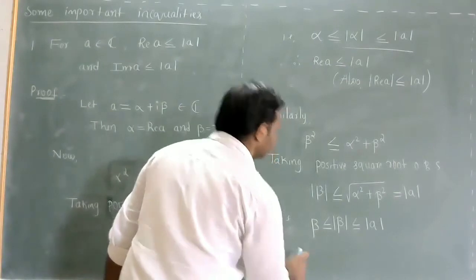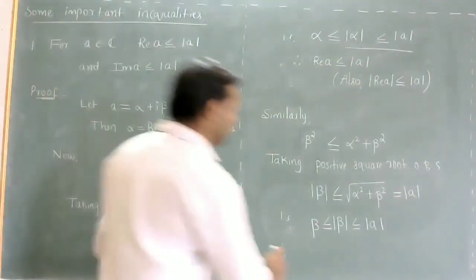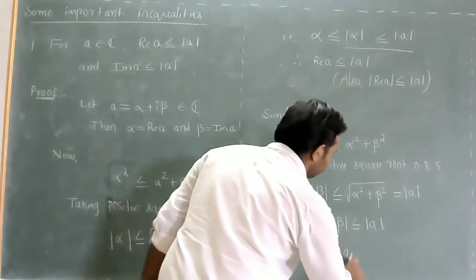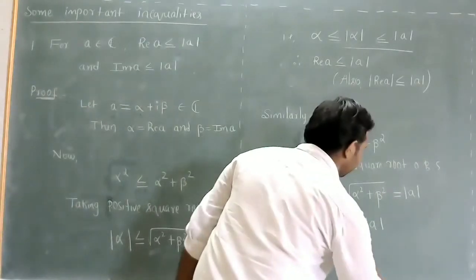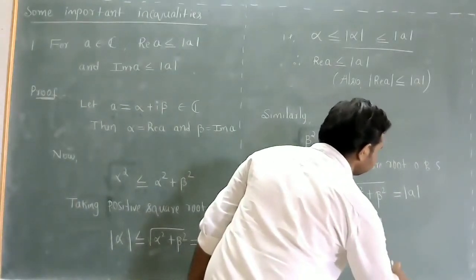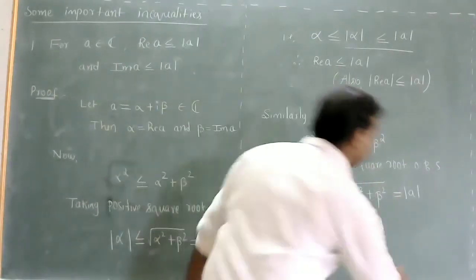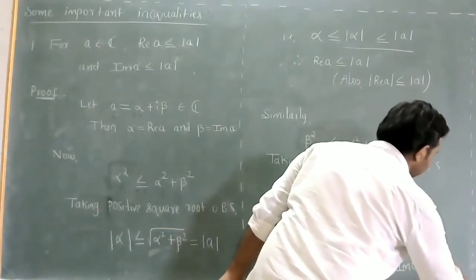So therefore beta is nothing but imaginary part of A. So imaginary part of A is less than or equal to modulus of A. And moreover, absolute value of imaginary part of A is less than or equal to modulus of A.